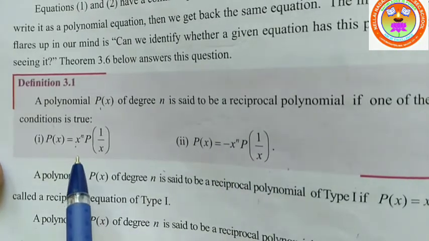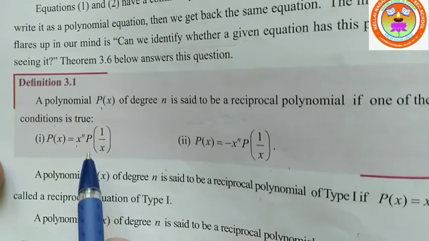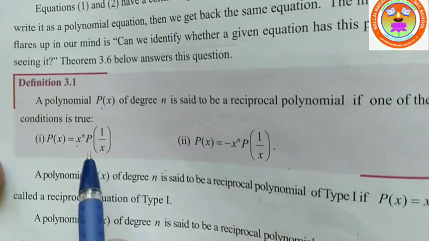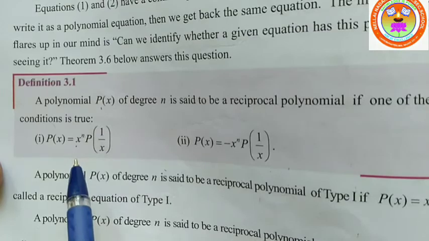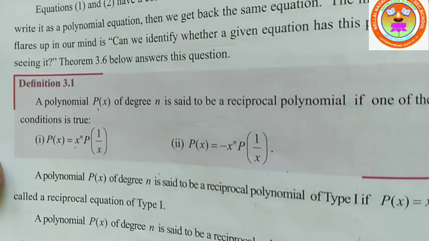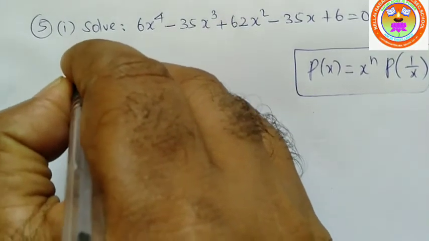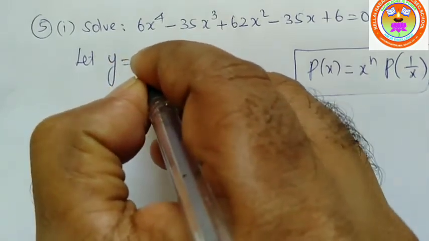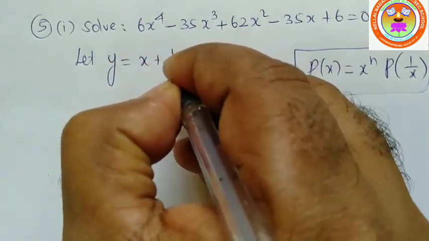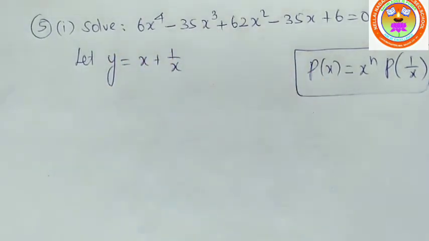For type 1, we follow a different method to solve the equation. See the answer now. Let y is equal to x plus 1 by x. Now we are finding y square.